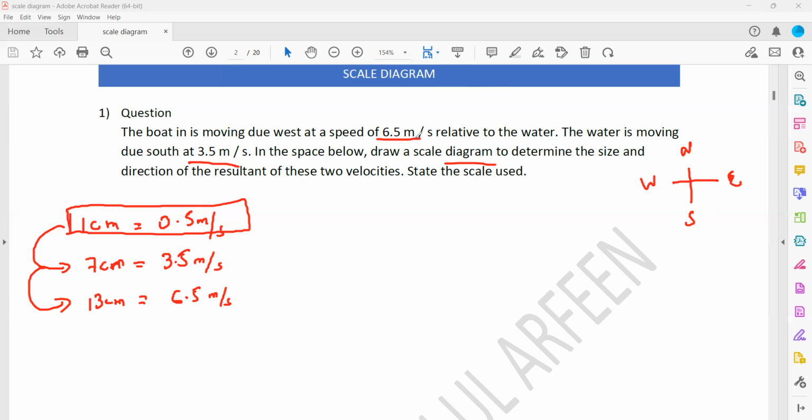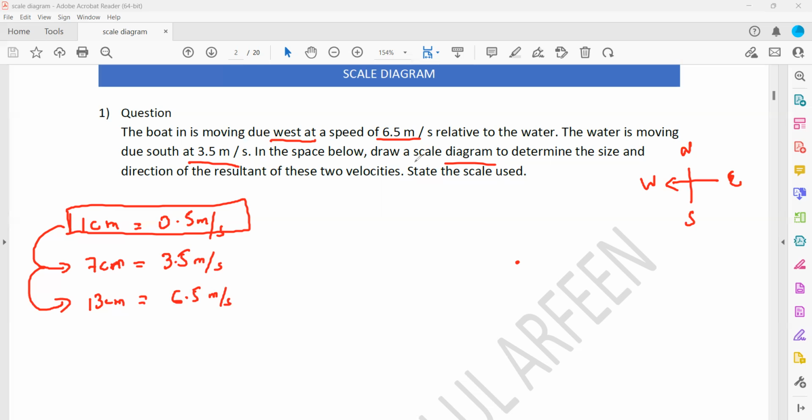So first, you will mark a point where you want to start both vectors. Then the boat is moving due west, so this is west.